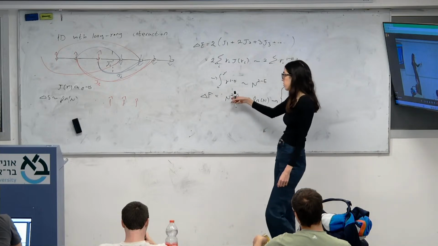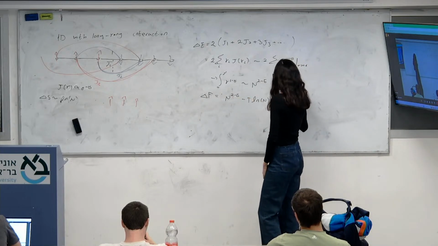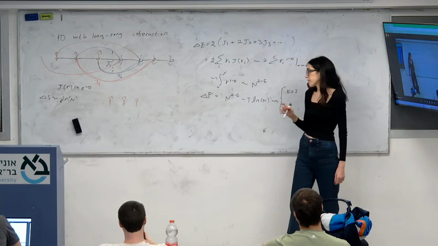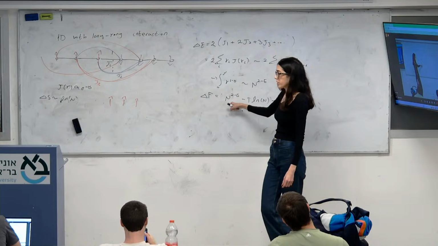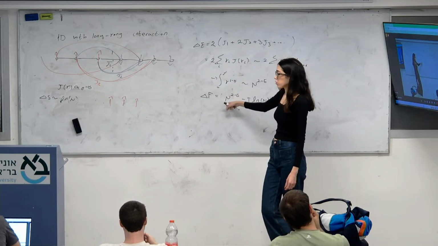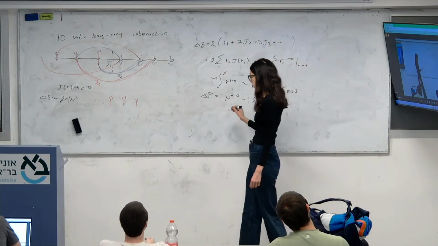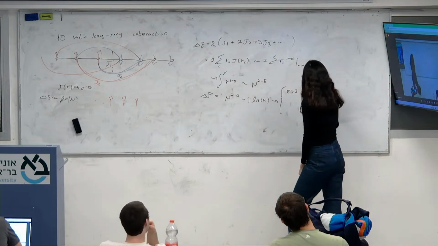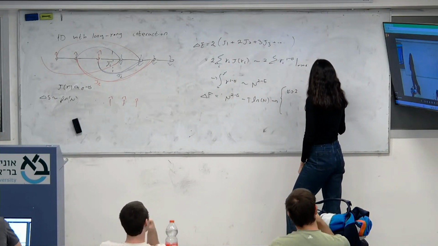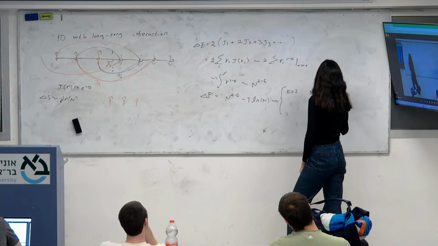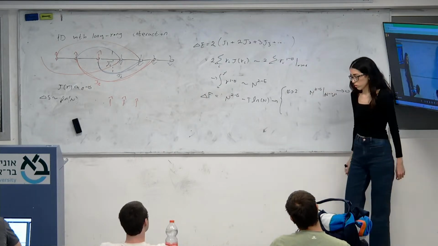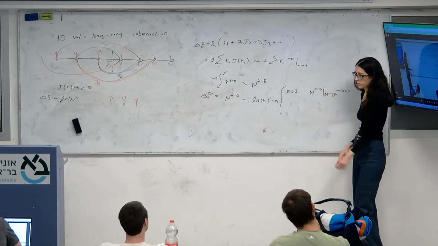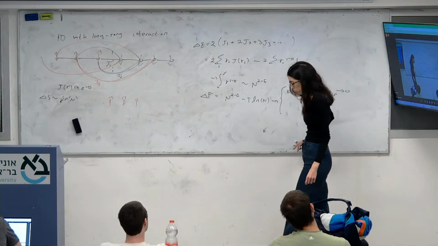If sigma is larger than 2, we see that n^(2 minus sigma), where n goes to infinity, is going to decay to 0, because this is a negative exponent.